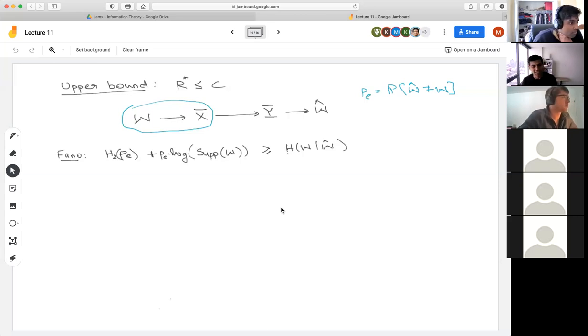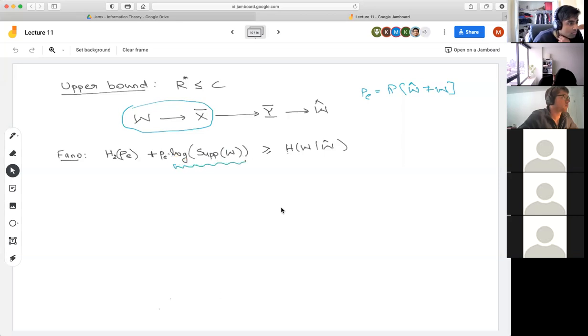And again, this is what we used in hypothesis testing, going back to the view that each codeword, or each message, is basically a hypothesis, and we are trying to distinguish different hypotheses. So, calculating terms quickly, the P sub E is what we want to bound.